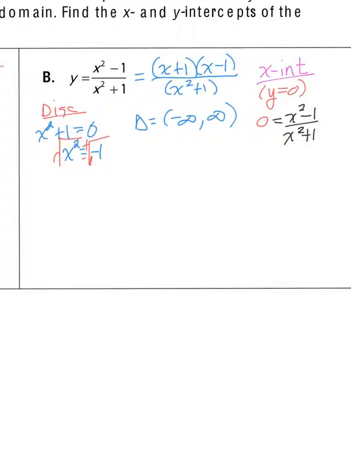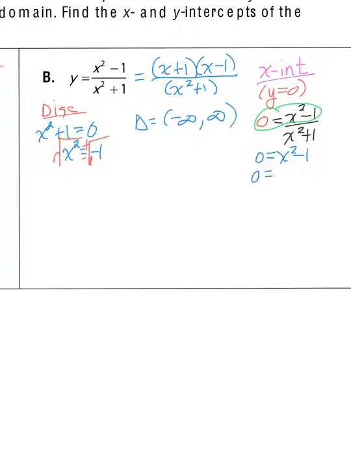So remember, the only way for this fraction here to be 0 is if the numerator is 0. So I really only care about the numerator here. So I'm going to ignore the denominator, and I am just going to look at 0 equals x squared minus 1 for my x-intercept.